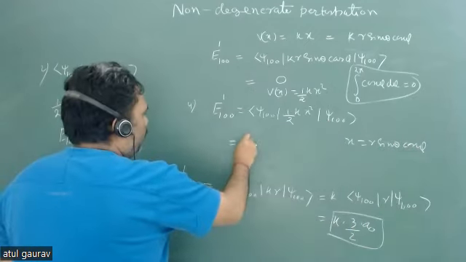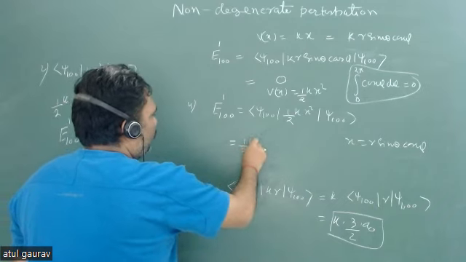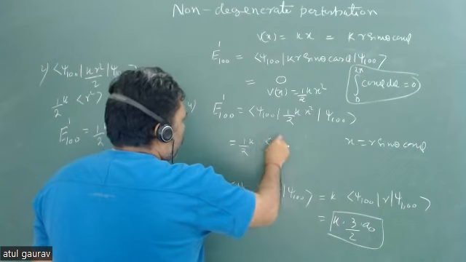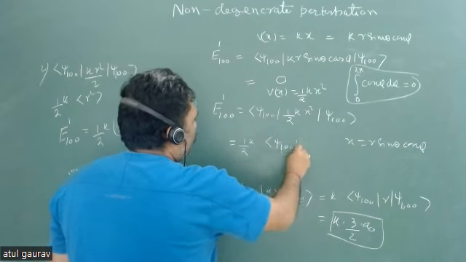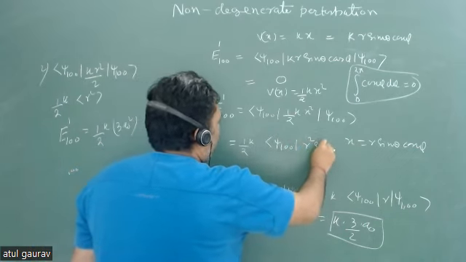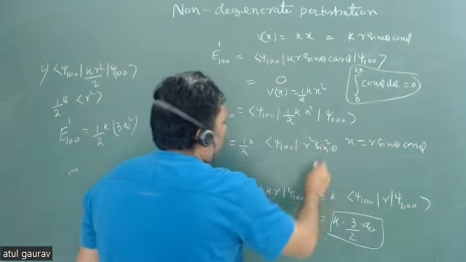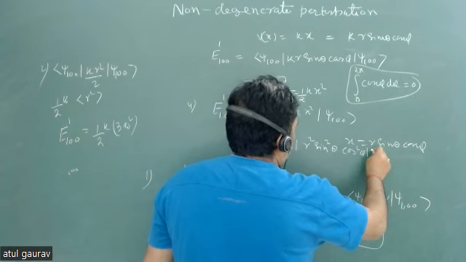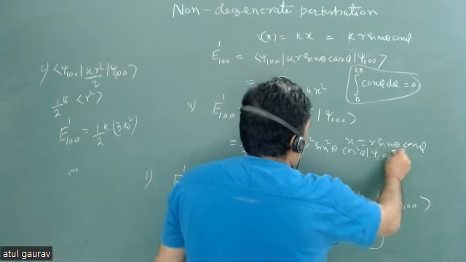So when you are going to write this particular thing, half k, and you have psi 100, you have r square sin square theta, and you have cos square phi psi 100.